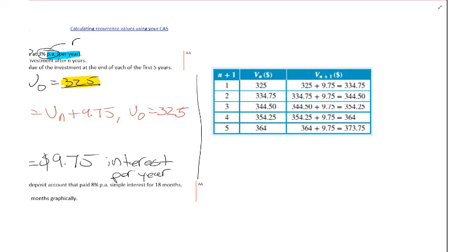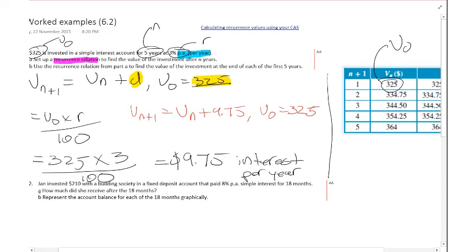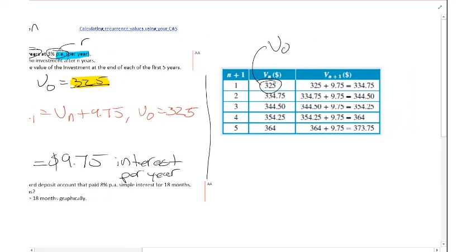So my N plus 1 is after my first year. That means I start with 325, which is my V0. Remember, this here is V0. And I'm just going to be adding, remember, it's Vn. So in this case, I start off with V0 because that's my previous term, because I'm after V1. And I put 325 plus whatever the D was, in this case 9.75, and I repeat that.